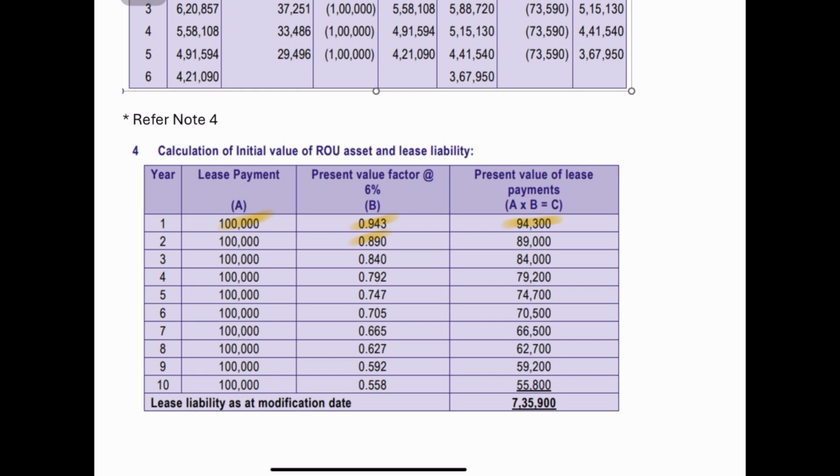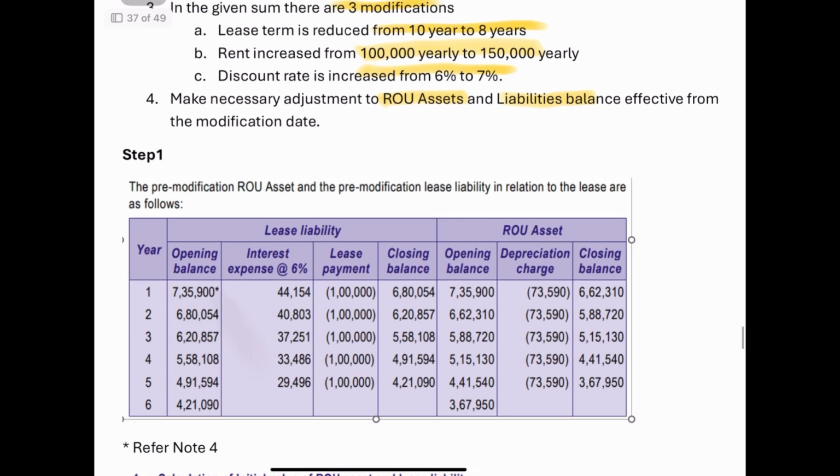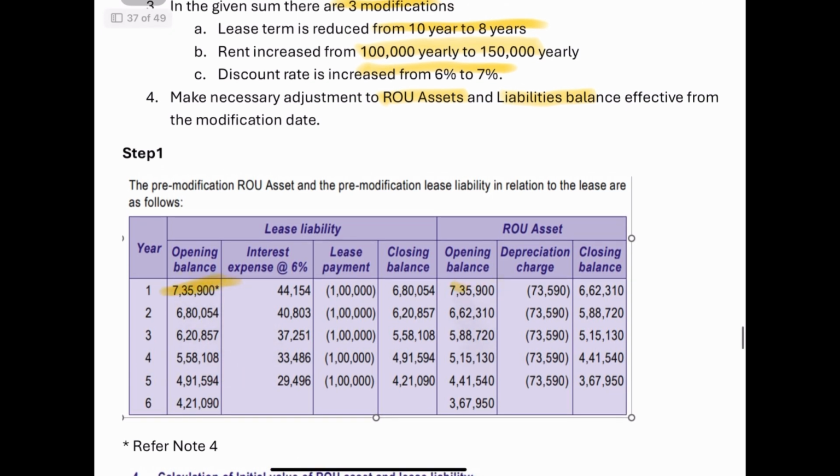Like that, if you calculate everything and sum up the present value of all the 100,000 payments for the next 10 years, you will get a sum of 735,900. So your total will be 1,000,000, but present value is only 735,900. So that 735,900 will be the initial lease liability and the lease asset, ROA asset and ROA liability.